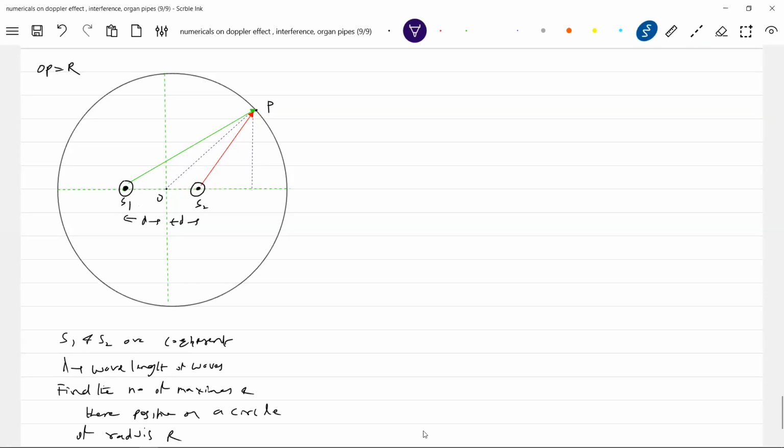Both sources will generate a wave. Is there any path difference of the waves when they arrive at point P? Yes, definitely. So what is that path difference?